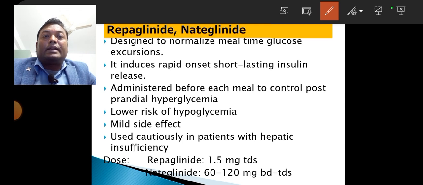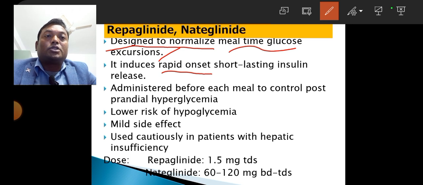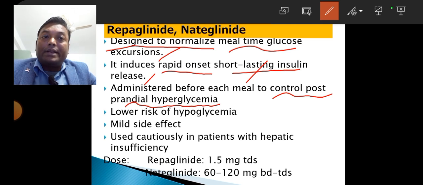Repaglinide and nateglinide are the meglitinides commonly prescribed nowadays. They are designed to normalize mealtime glucose excursions. They induce rapid onset, short-lasting insulin release, administered before each meal to control postprandial hyperglycemia. So it is a very good drug for postprandial hyperglycemia, with lower risk of hypoglycemia and mild side effects, used cautiously in patients with hepatic insufficiency.